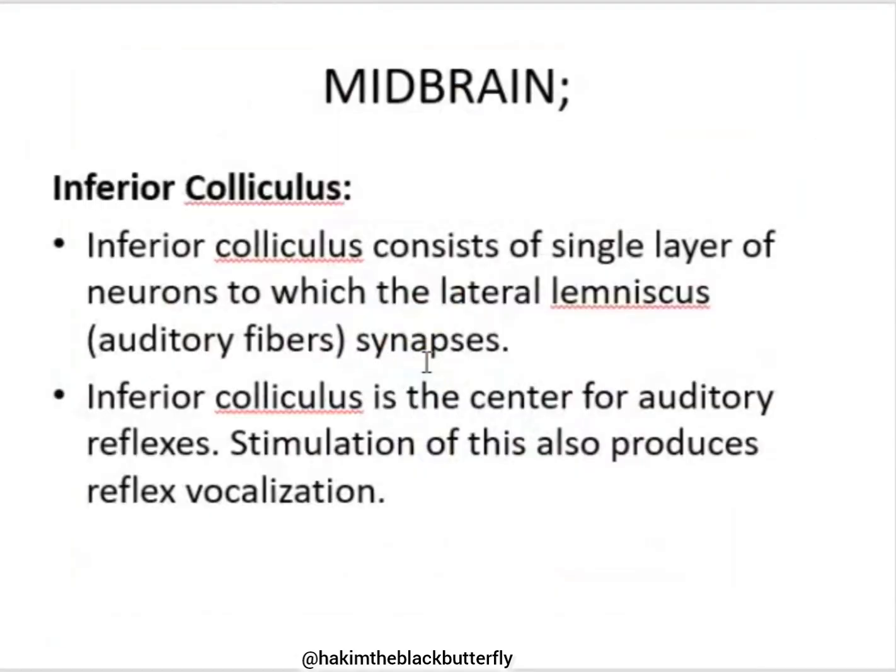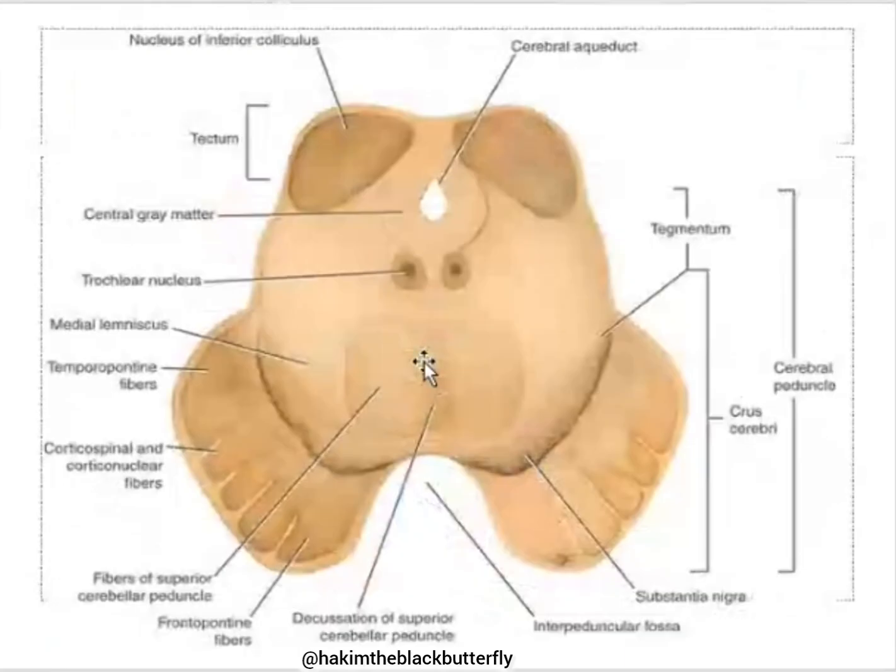Let's see. This is the cross-section of the midbrain at the level of the inferior colliculi. This is the posterior view, and this is the anterior view. You can see our cerebral aqueduct passing through the midbrain.